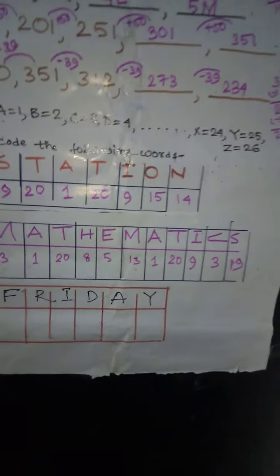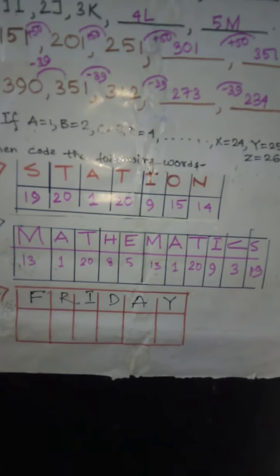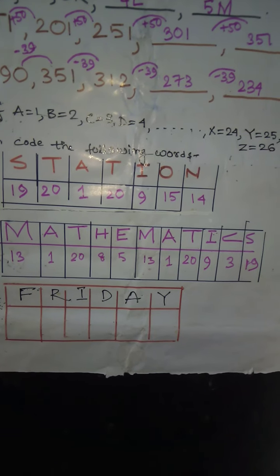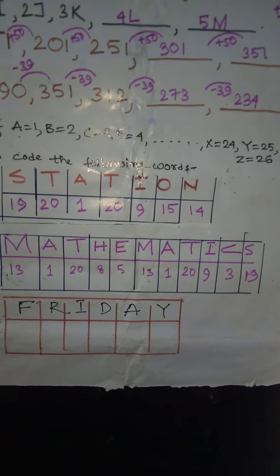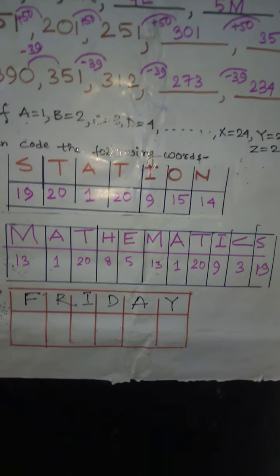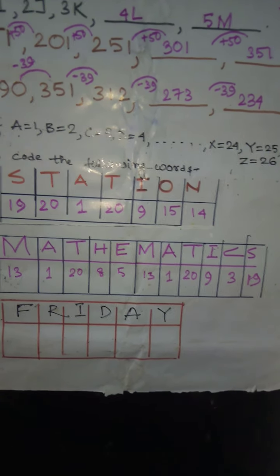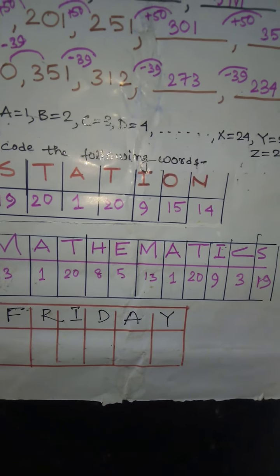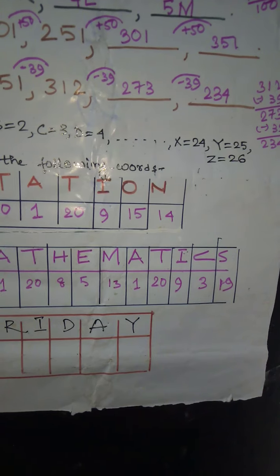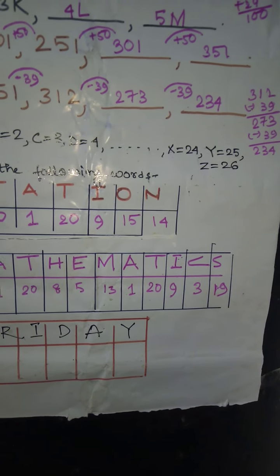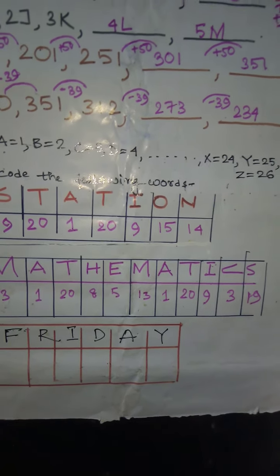So mathematics will be coded using the given formula as 13, 1, 20, 8, 5, 13, 1, 20, 9, 3 and 19. So this will be the coding.